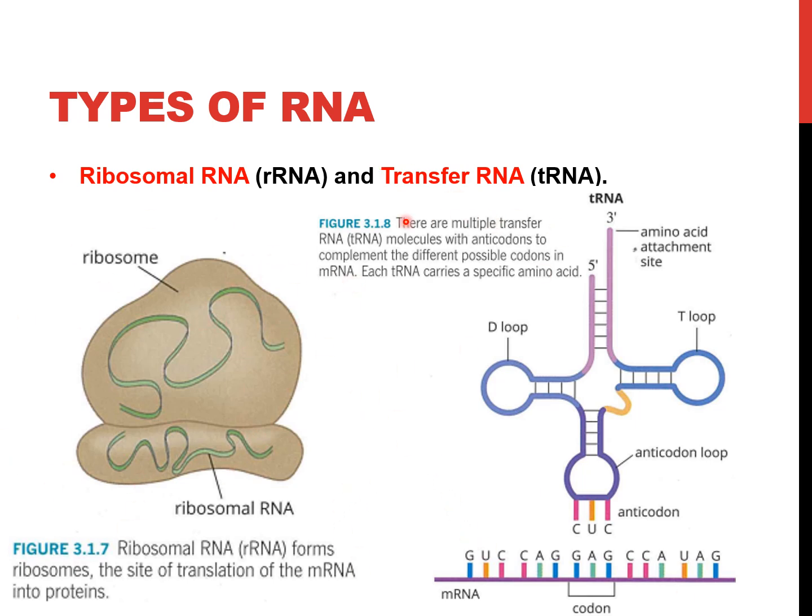Cool. You also have your transfer RNA, so tRNA, and that is a dead giveaway, because it is in the shape of a T. And yes, this looks complex. You don't need to know the anatomy of the tRNA except for the anticodon part. You do want to be aware of that. So that anticodon, as you can see, will have its base pairs.